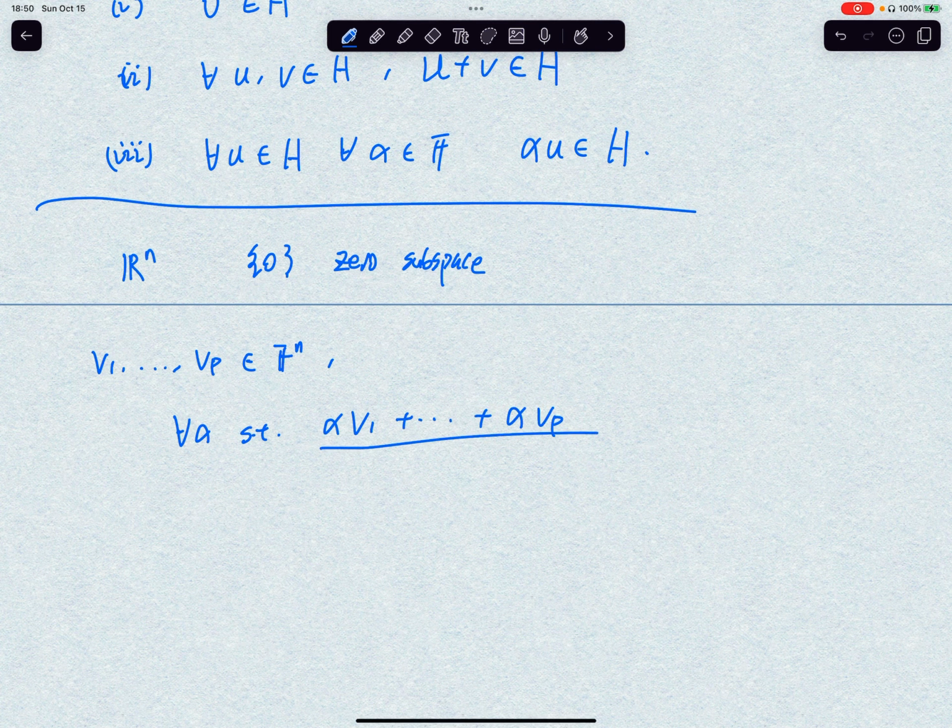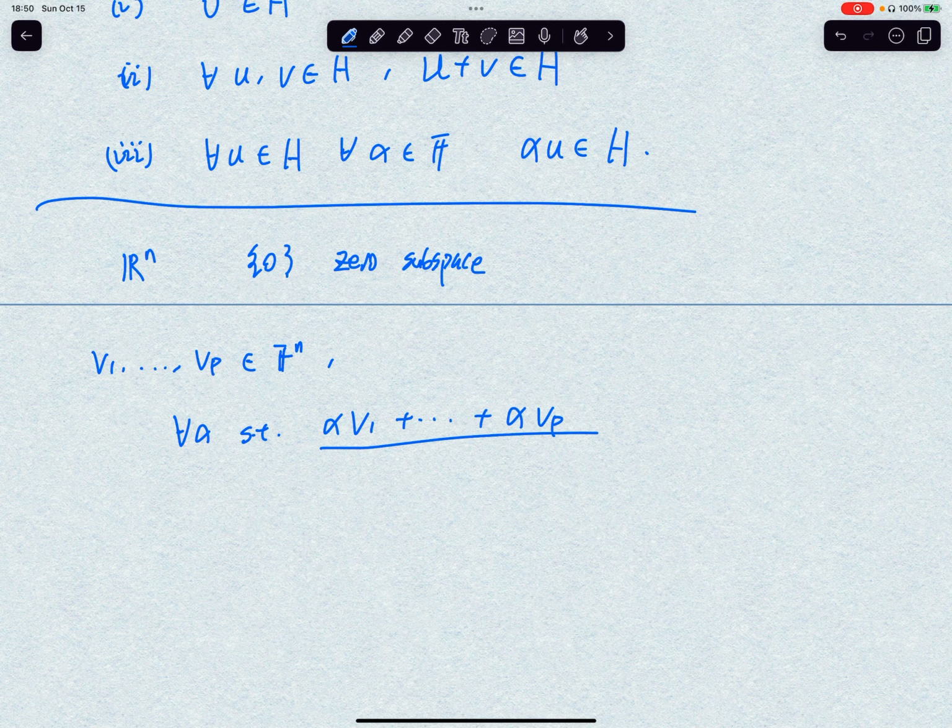And since alpha is arbitrarily chosen, obviously it satisfies the three conditions for being a subspace.